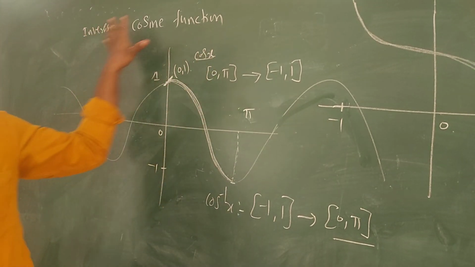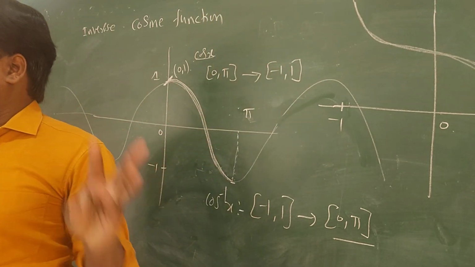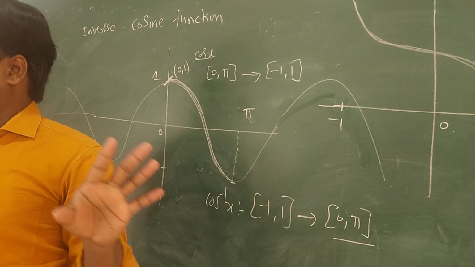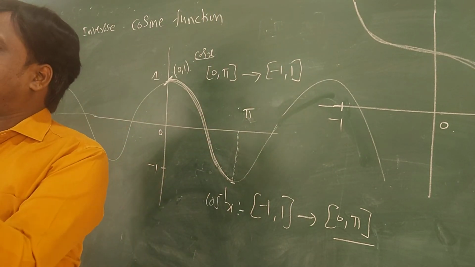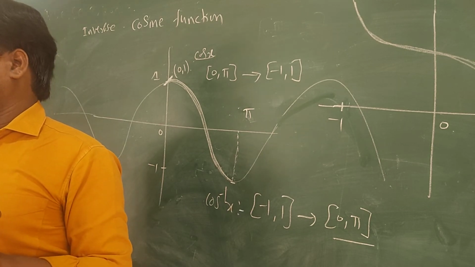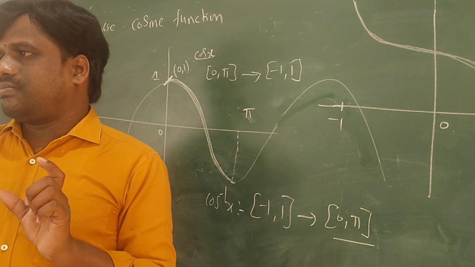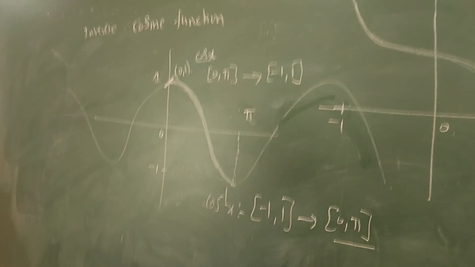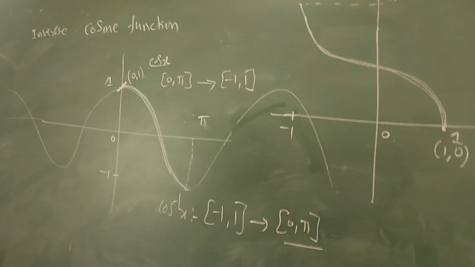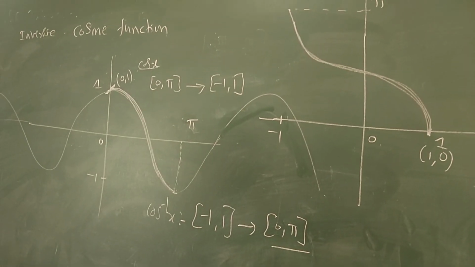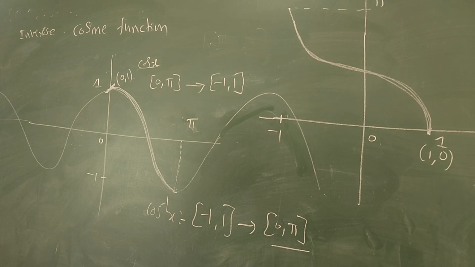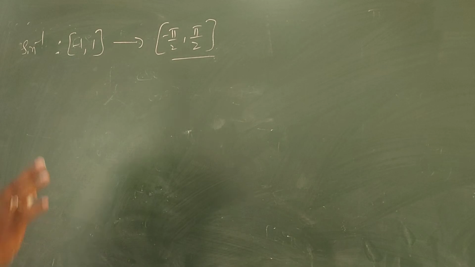Now I will write the table of all that: cos, sine, cot, tan, all. Just note down. You need to remember only that table. Okay. Now I will write that. I am writing the principal values of our inverse trigonometric functions.